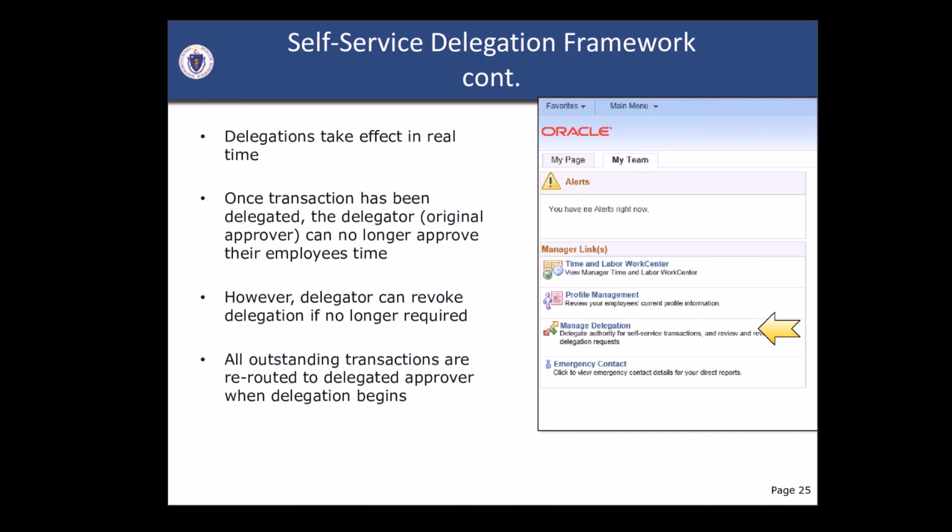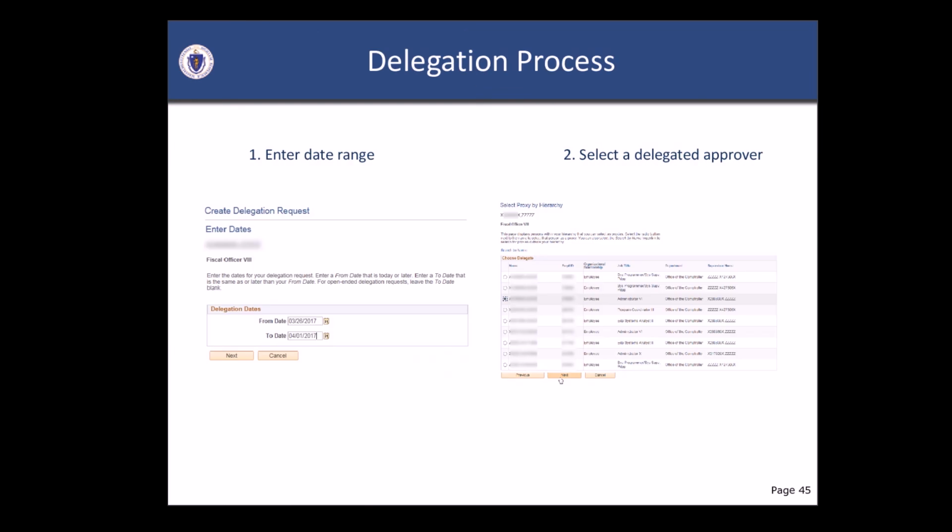Over here you can see a little screenshot. If you know you're going on vacation next week, or we're heading into summer, so there's going to be a lot of people hopefully using their vacation time and enjoying the beautiful New England weather, you can click on Manage Delegation. It's going to take you here.